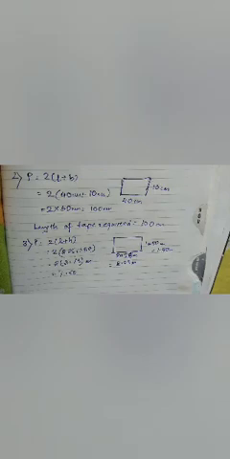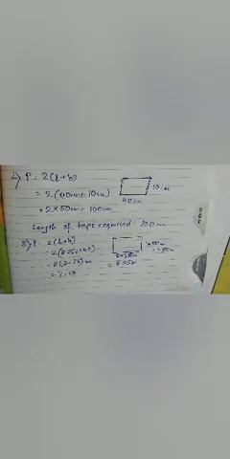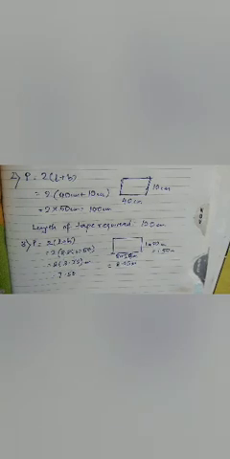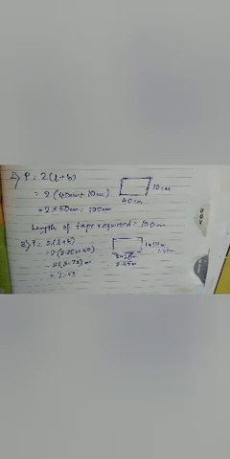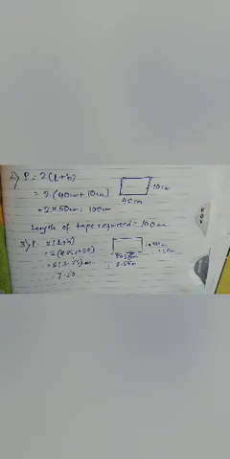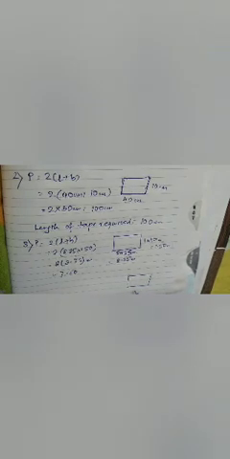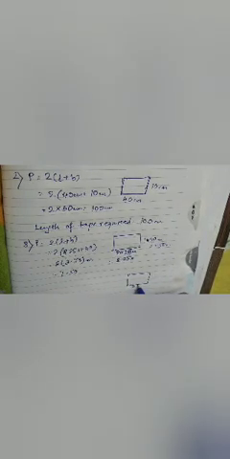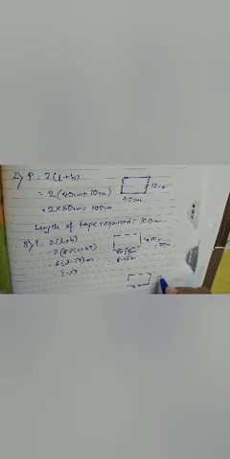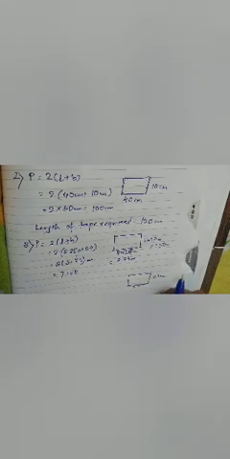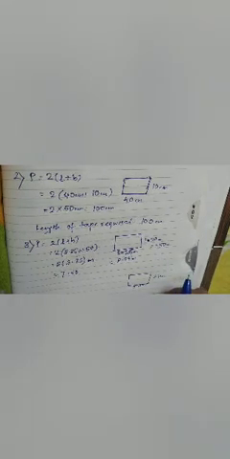Next, coming to question number 4. What is the length of a wooden strip required to frame a photograph of length and breadth of 32 centimeter and 21 centimeter? Again, there is a photo frame of length 32 centimeter and breadth 21 centimeter. So what is the length of the wooden strip required?